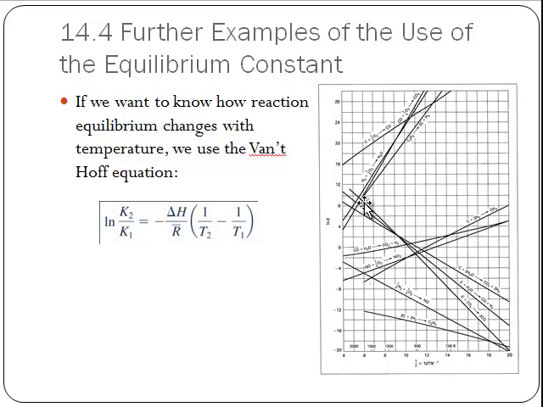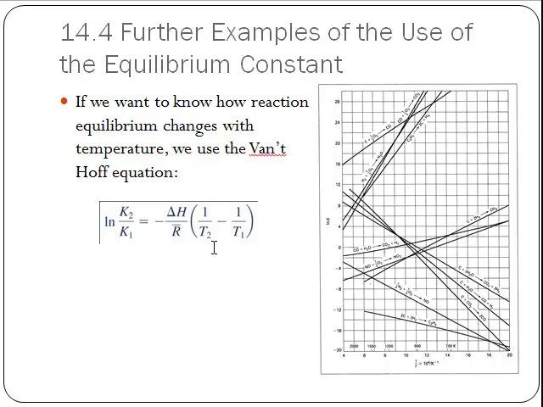And for several different reactions, this is a graph of what the log of K versus 1 over T looks like. And you see that these really are straight lines, very, very little curvature to these. And so the Van 't Hoff equation appears to hold for most reactions.